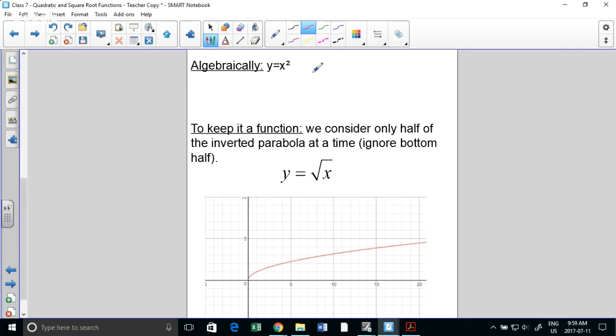Algebraically, we just did this. So if we switch the x and the y, we square root. We have square root of x equals y. So what we do is we consider only half of the inverted parabola.